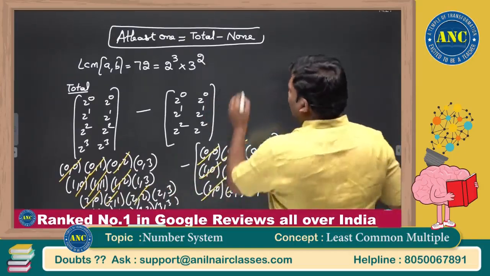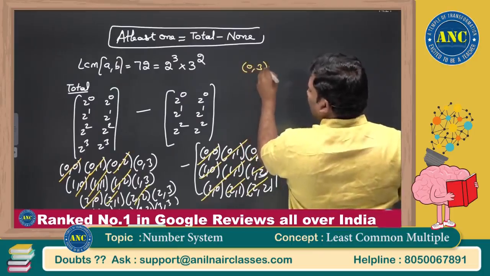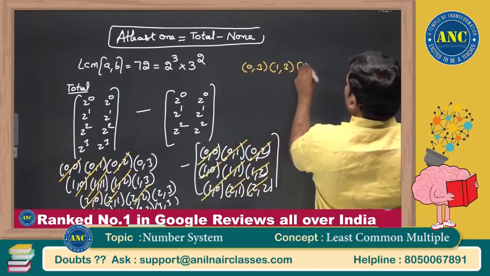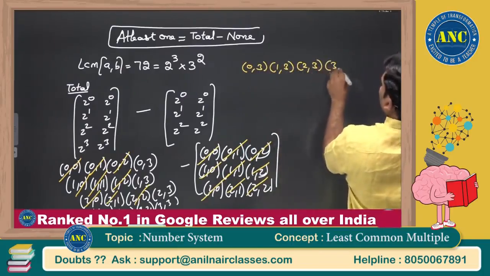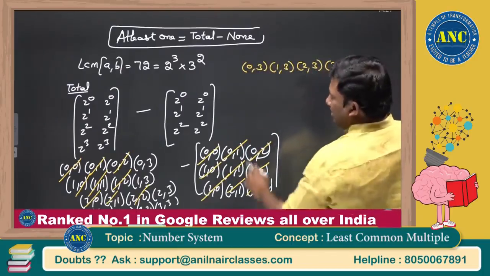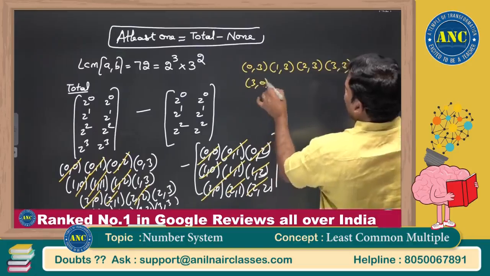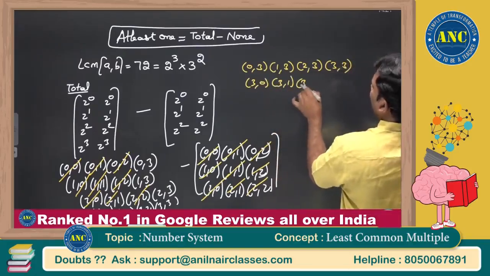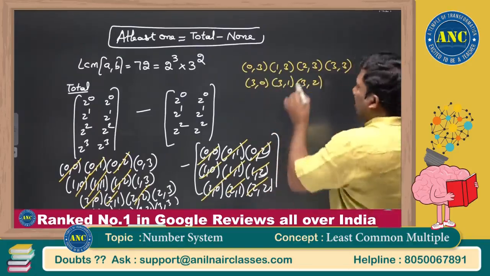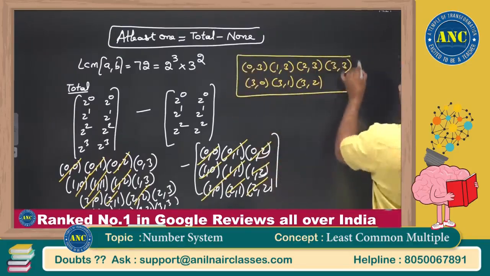What is remaining there? Remaining cases are 0,3; 1,3; 2,3; 3,3. Next cases 3,0; 3,1; 3,2. Isn't it? These are the cases we got in traditional method 1.